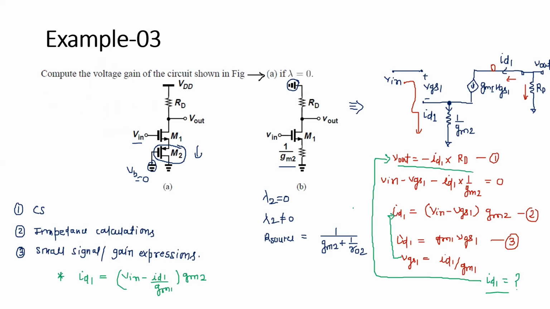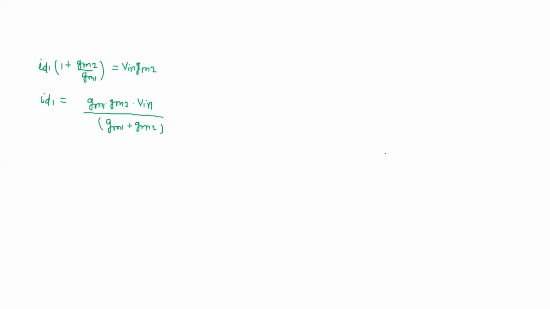Now put this in the expression of Vout, which is minus ID1 times RD. If we put ID1 here, we have minus gm1 gm2 divided by gm1 plus gm2 multiplied with Vin and RD.